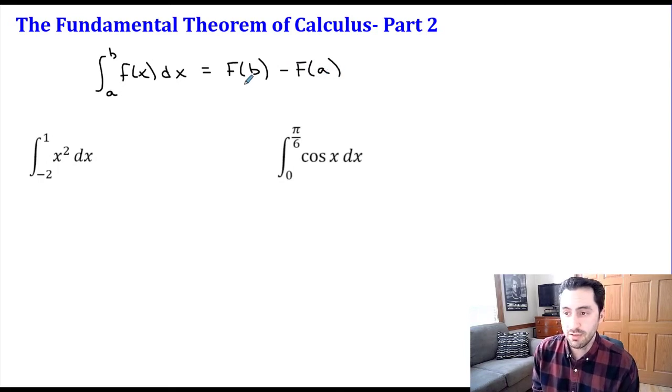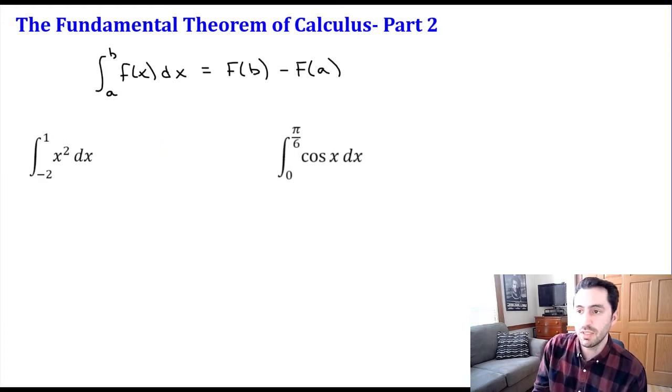And written like this, capital F is going to be any antiderivative of the function lowercase f of x. So we have the antiderivative evaluated at the upper bound of our integral minus the antiderivative evaluated at the lower bound of our integral. So that's what part 2 says.